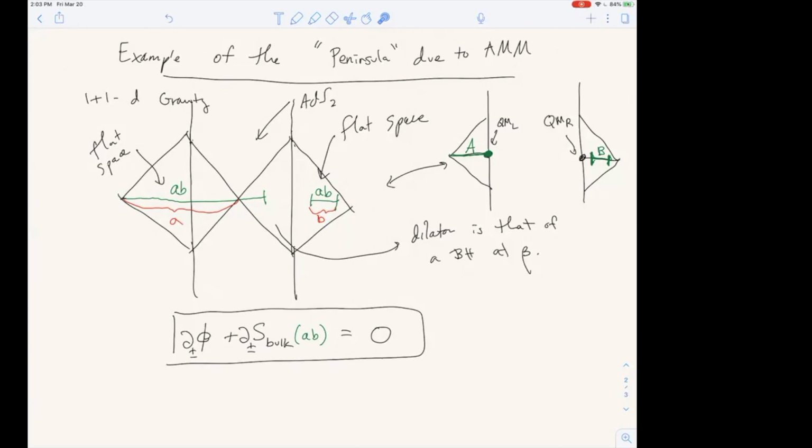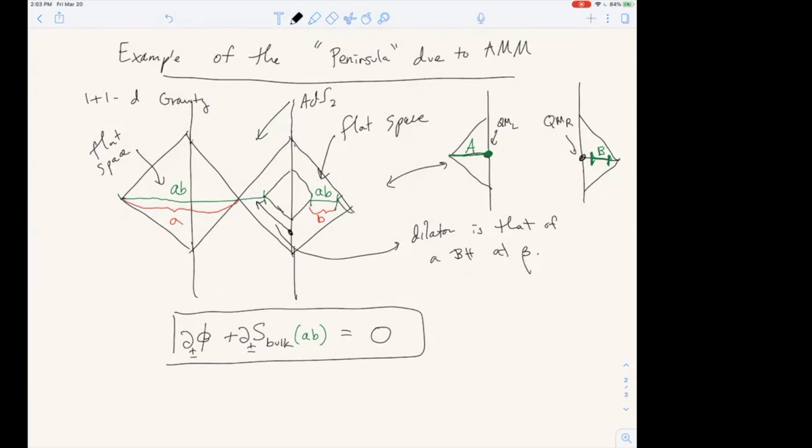So an observation that was pointed out in this work was the following. Say on the right I insert an operator down here, and that operator falls in. Maybe at first this operator is in this complementary region here.